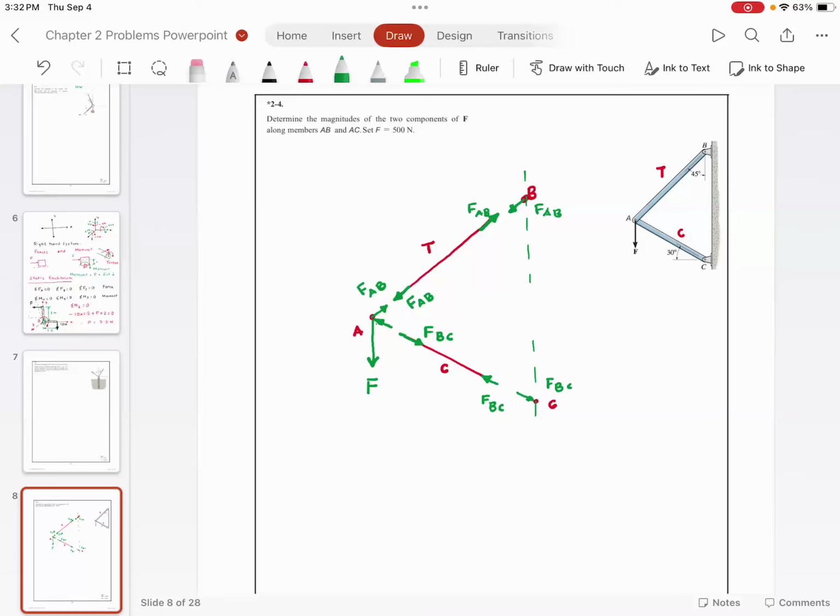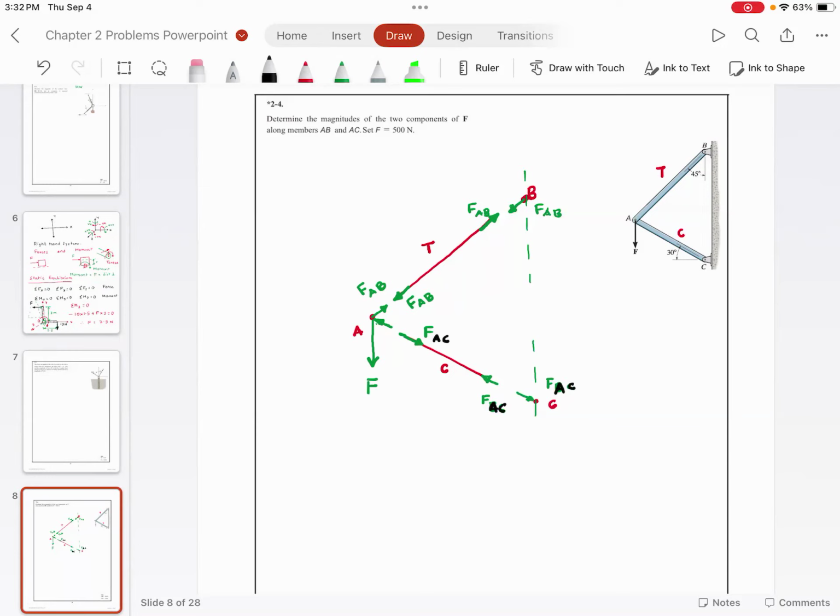AC. Yeah, what happened to AC? Oh yeah, that is the AC, not BC. You're right. This is AC. Correct. FAC. This is FAC.